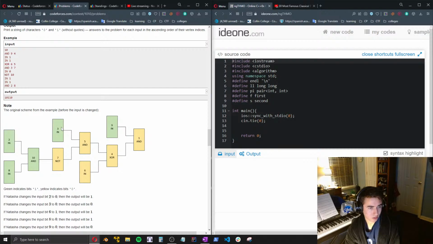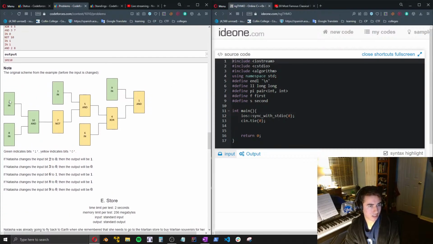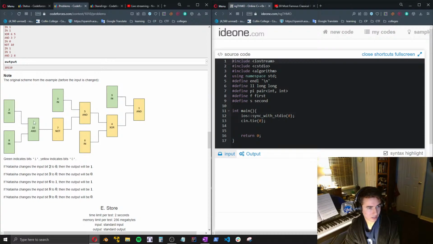So, wait, let's see. If he changes the input 2 to 0, then this will be 0 and 1, which is 0. Not will be 1. 1 and 1 will be 1. 1 XOR 0 will be 1. And 1 and 1 will be 0. Okay, yeah. So you can see that this flips everything going up, right? This flips this node and then this node.